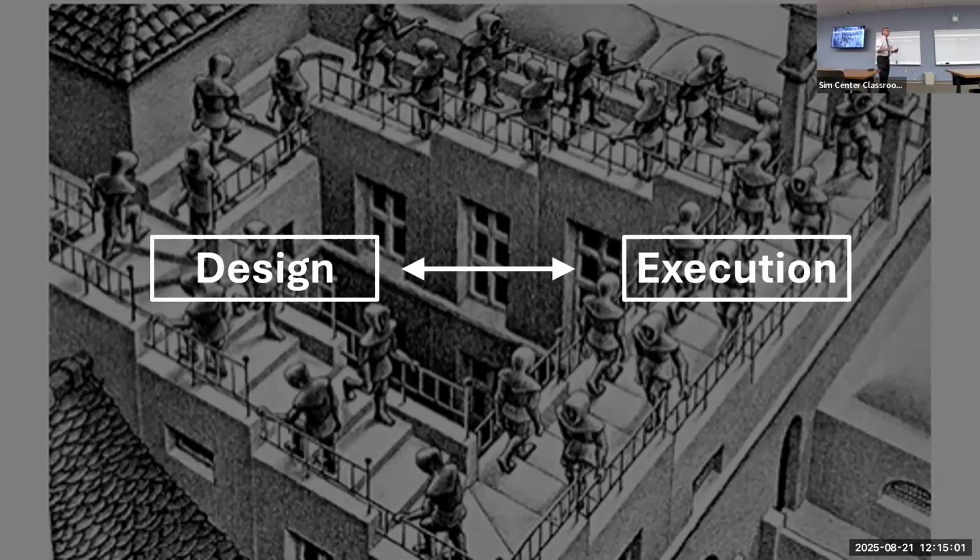So design, if you were doing a problem-based learning activity with students, design would be the case that you write, and execution would be you're facilitating the students in that case. And your teaching perspective impacts both design and execution. It sits underneath the way we design and the way we execute. And so we're going to consider both design and execution and their intersection with perspectives.